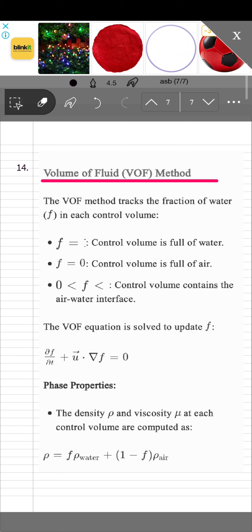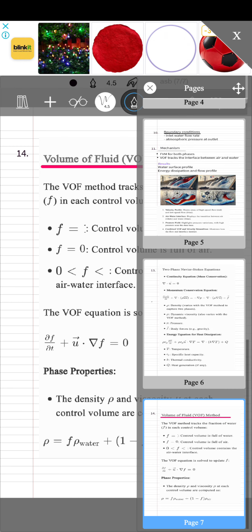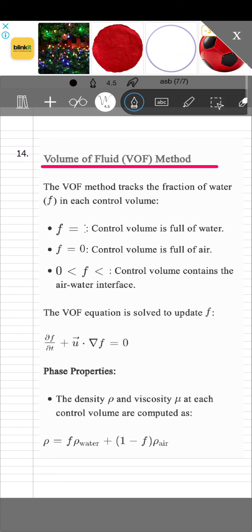If we are representing F as the fraction of water, then if the value of F is equal to 1, it indicates that the control volume is full of water. However, if F is equal to 0, it means it is full of air, and F is usually between 0 and 1.